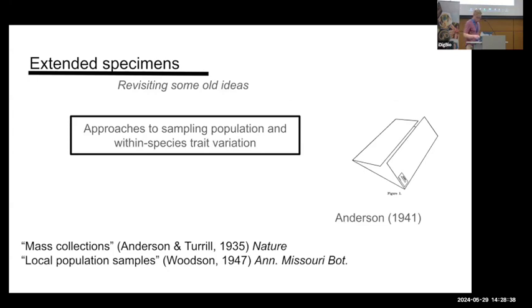This is from a 1941 publication by Edgar Anderson, basically advocating a method of systematically collecting in a given population, doing a transect and systematically collecting trait variation, whether that be leaves or some other aspect, and then basically throwing it all in a Palm folder, which is kind of an interesting idea.